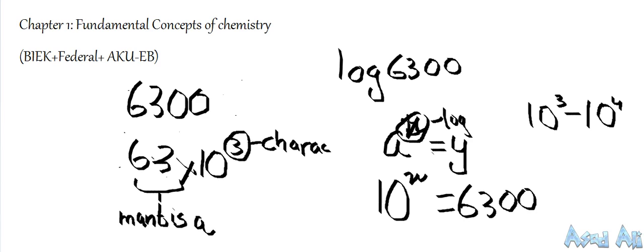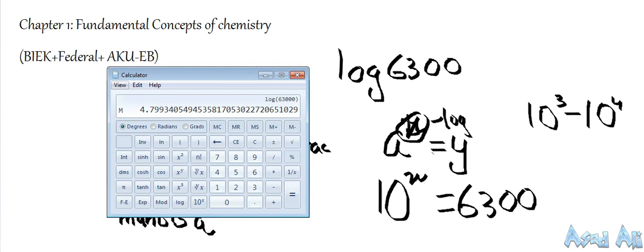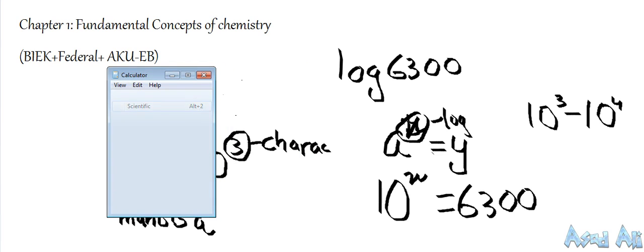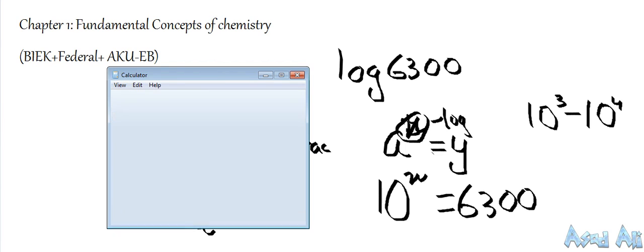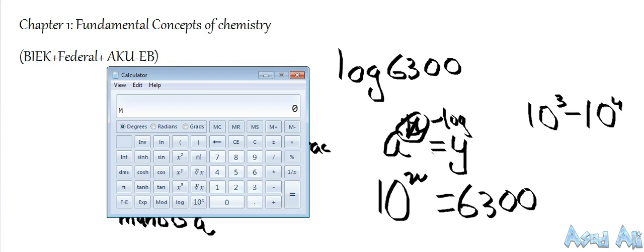Now we take log 6300. The value is in between 3 and 4.